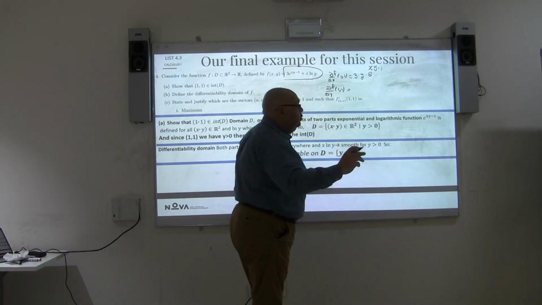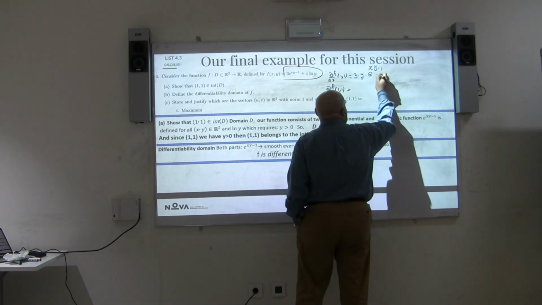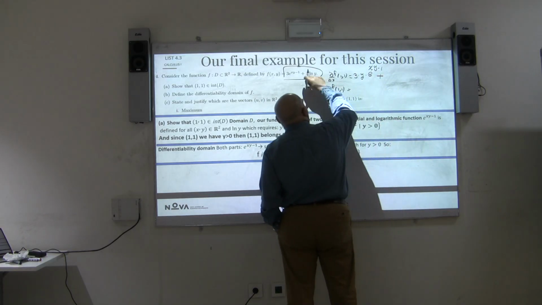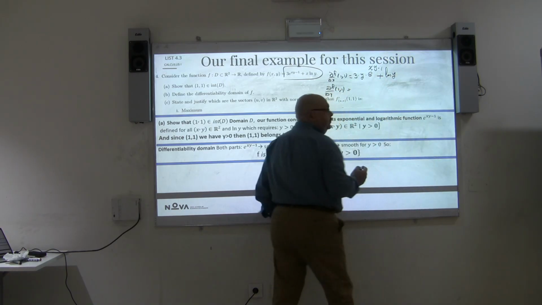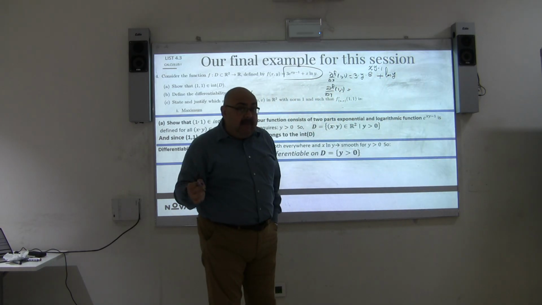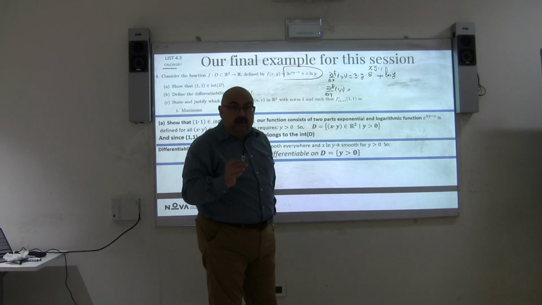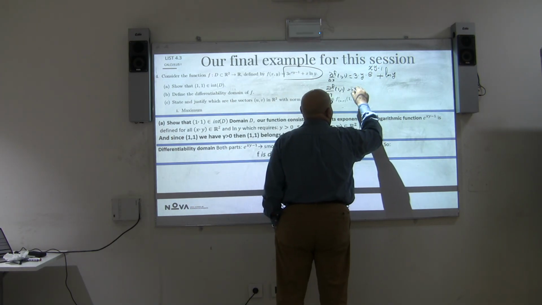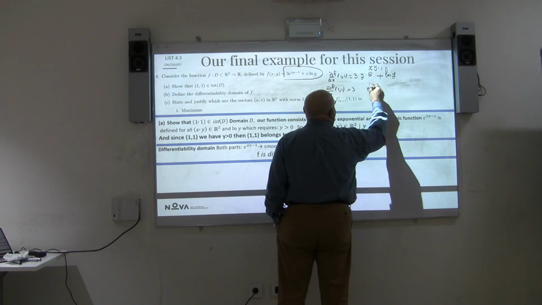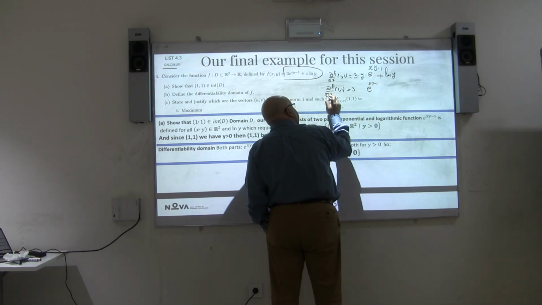Then I will continue differentiating the second part, which is going to be plus ln y. I will do exactly the same with respect to y. So let's do it together. The first part will be 3, the exponential part will be e to the power of xy minus 1, but I'm differentiating with respect to y.